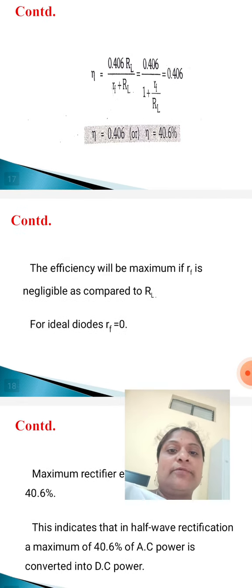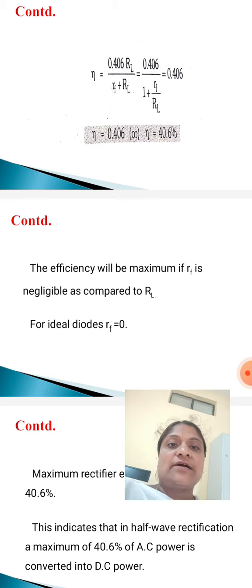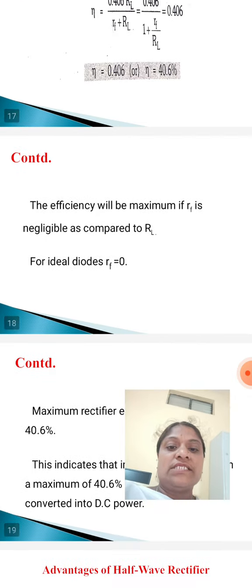Why is it 40.6%? The efficiency will be maximum if RF is negligible as compared to RL. RF is negligible means it is the ideal case, that is an ideal diode, that is RF is equal to 0. Then the RF term is 0. So 0.406 by 1 means 0.406, that is nothing but 40.6%.